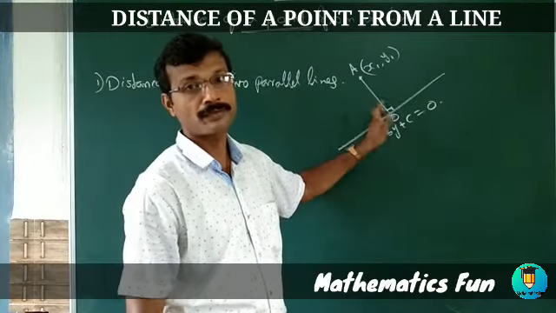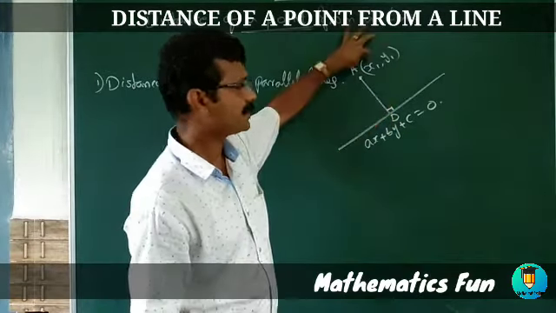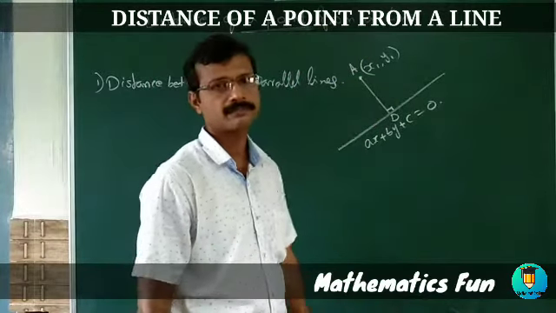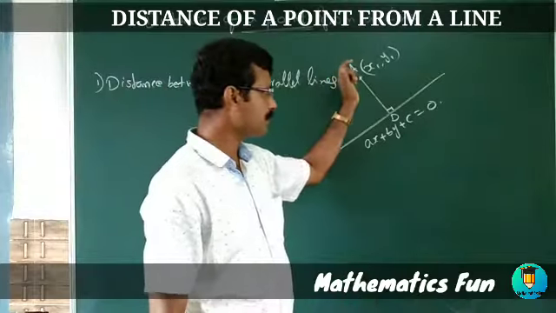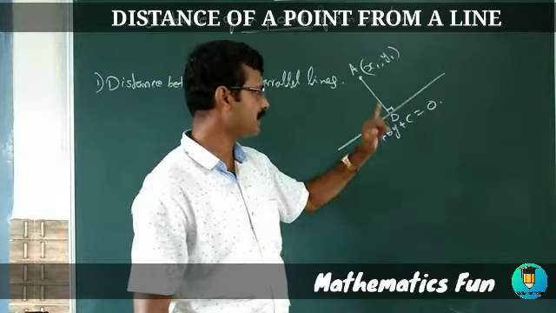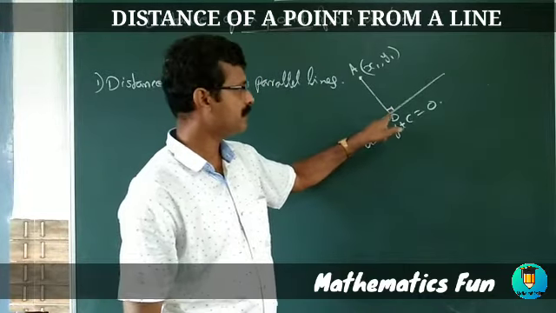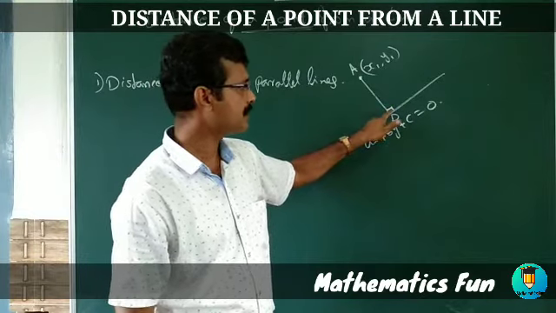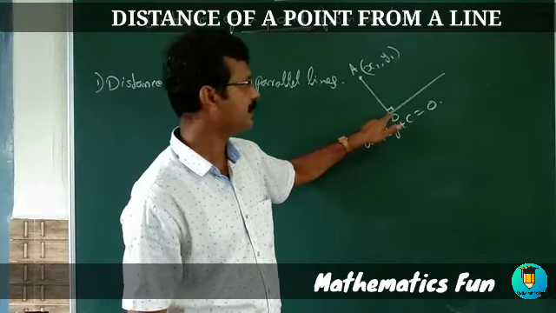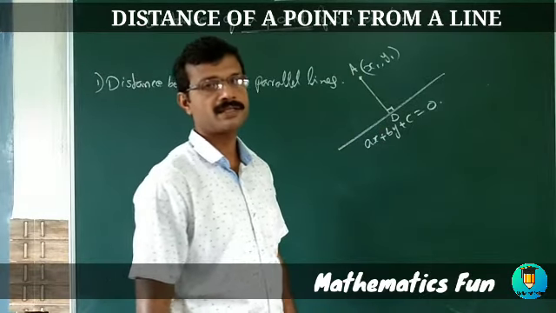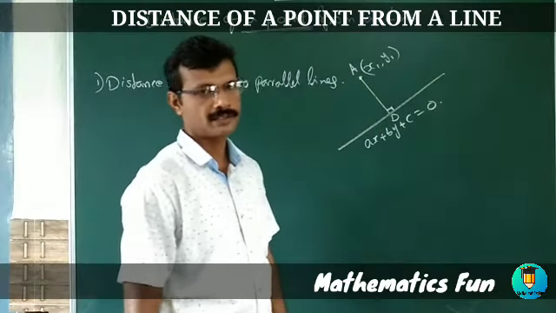Now if we know the slope of AD and the point, then we can write down the equation of AD. Once we know the equation of AD, if you solve the equation of AD and the given line, we will get the intersecting point, that is this point D. Now if we know the points D and A, then we can find the distance. That is the technique we applied in standard 10.